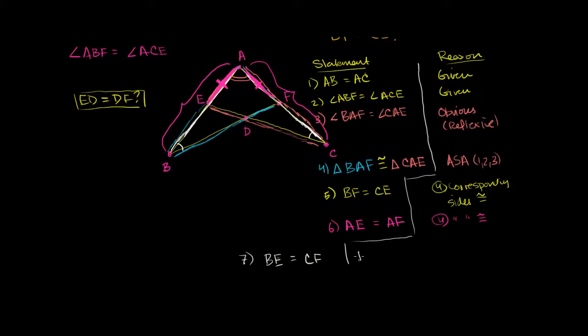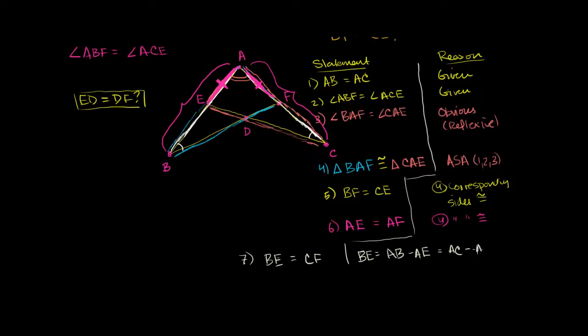Well, we know that the length of BE is equal to the length of AB minus AE, which is the same thing, based on these last few things that we saw, as AC minus AF, because AB is equal to AC, and AE we already showed is the same thing as AF.